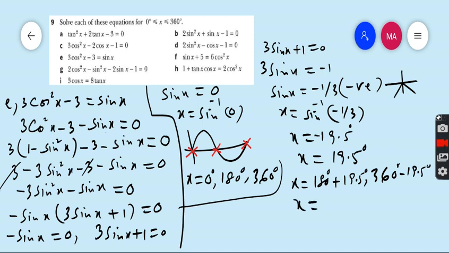So 180 plus 19.5 is 199.5. And 360 minus 19.5 is 340.5.